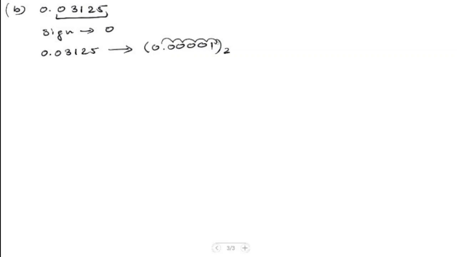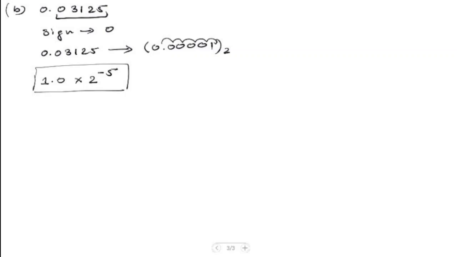So that will be 1.0 times 2 to the power -5, since we moved the decimal to the right. So that's the normalized form of the number.